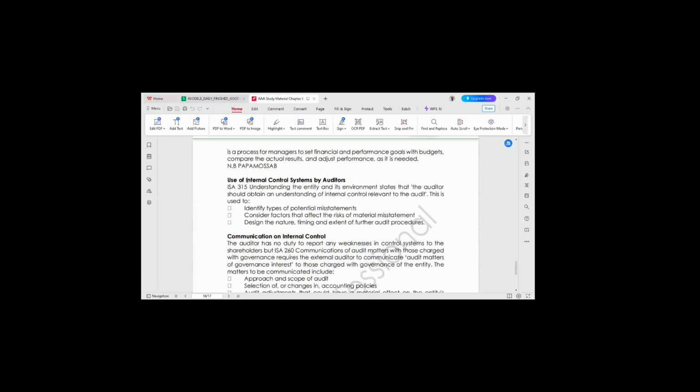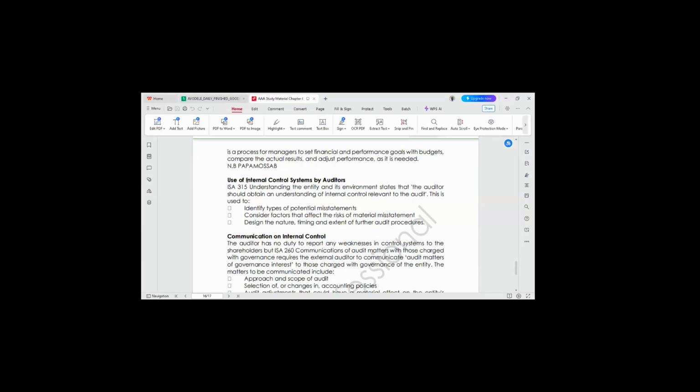Then we went on to looking at the statement of financial position audit approach, where I said that the auditor will focus on the information that is contained in the statement of financial position as a strategy to ensuring that there are no material misstatements in the financial statement.